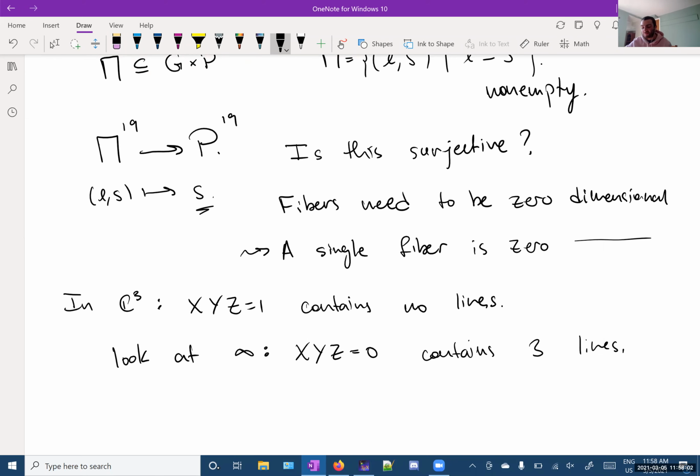So this is a cubic surface which contains exactly 3 lines. And the funny thing is that this surface is actually not smooth. So what we've done is we've proven a theorem about smooth cubic surfaces containing lines, and the only actual cubic surface that we had to write down was not one of these surfaces that we're talking about.